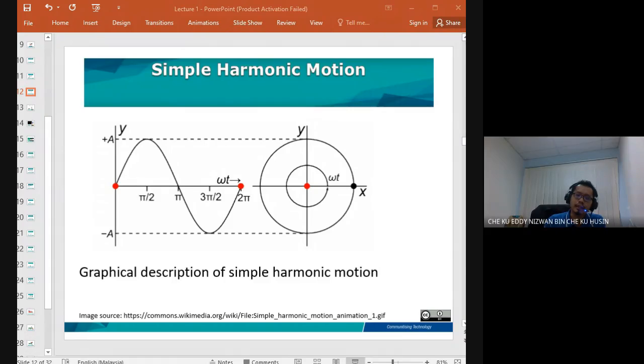So that's the relationship between displacement, velocity, and acceleration. This is very important, and it is mostly used to derive the equations of motion in this subject.